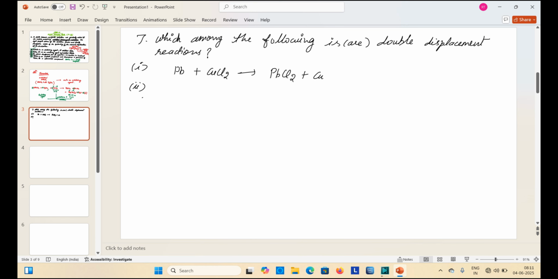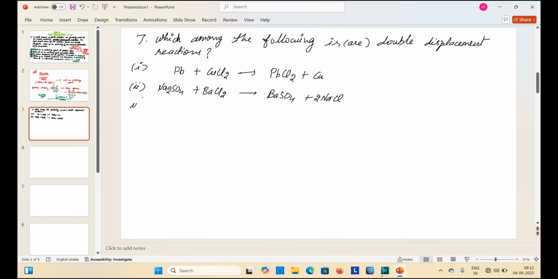Second, Na2SO4 plus BaCl2 is giving you BaSO4 plus twice of NaCl.